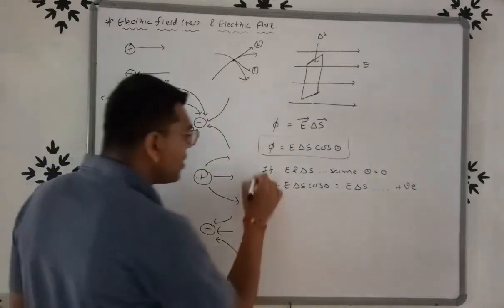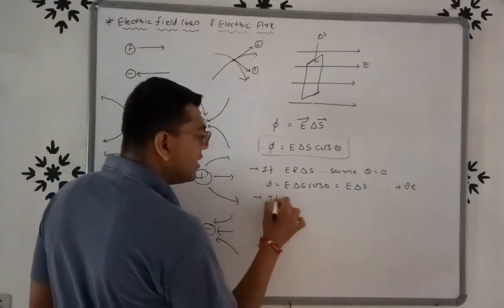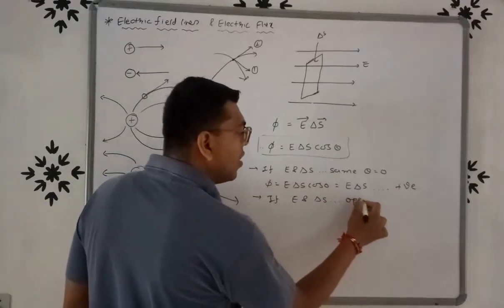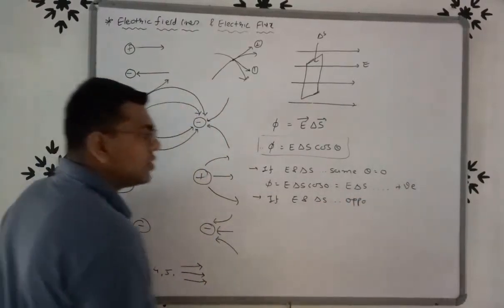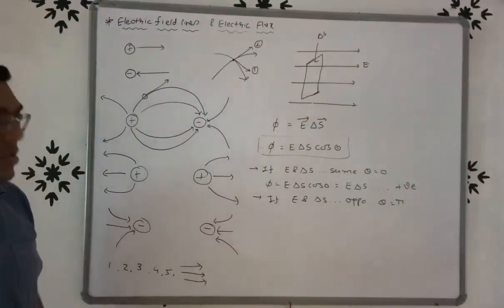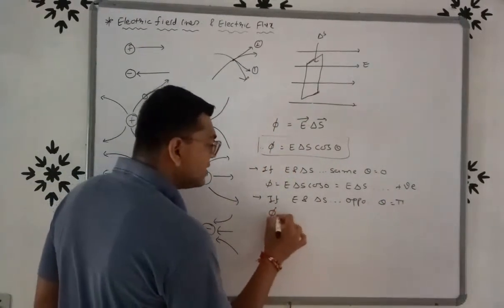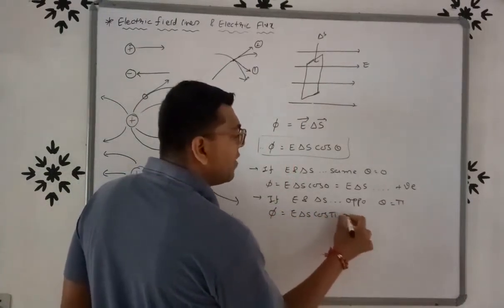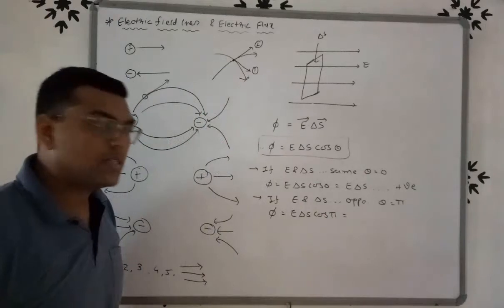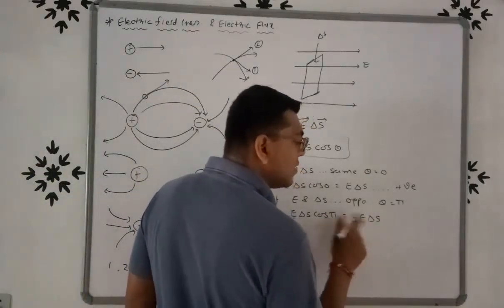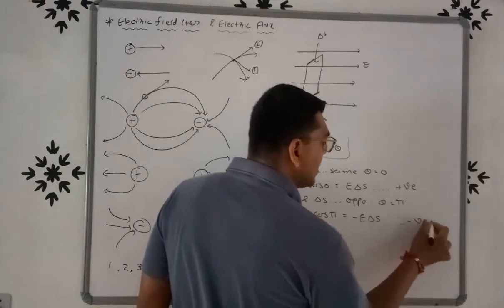Now, second case, if the direction of E and delta S are opposite, then theta is equal to pi, right? So we will get flux phi is equal to E delta S cos pi. The value of cos pi is minus 1, so we will get flux phi equal to minus E delta S, so the flux is negative.